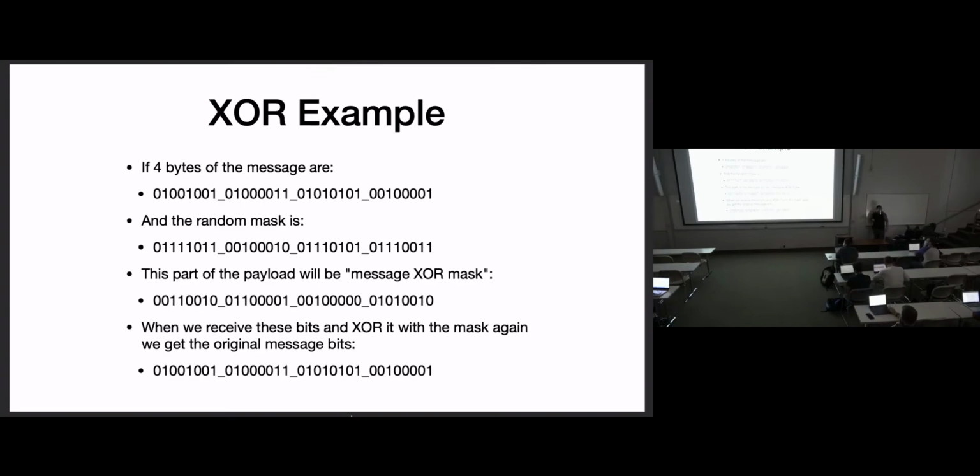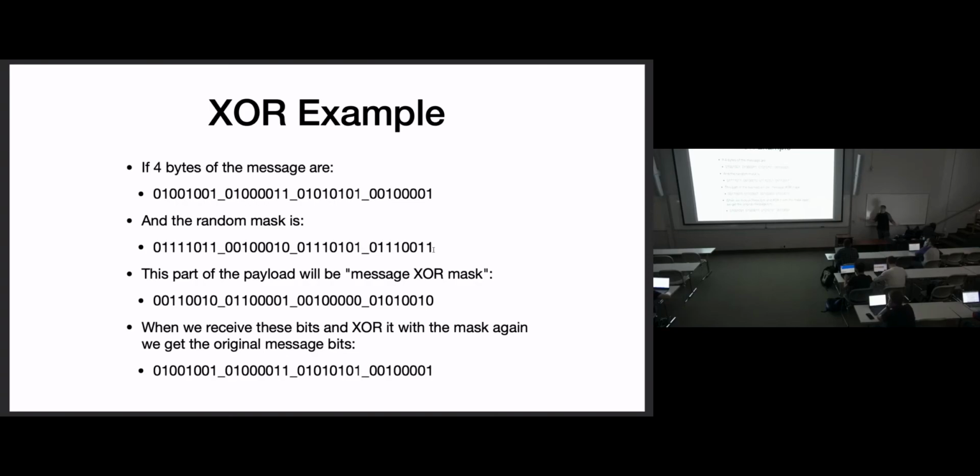Good question. So say these are 4 bytes of the message, maybe the first 4 bytes. We're going to generate some random mask, or the browser is going to generate some random mask, and we'll just say the random mask is this.